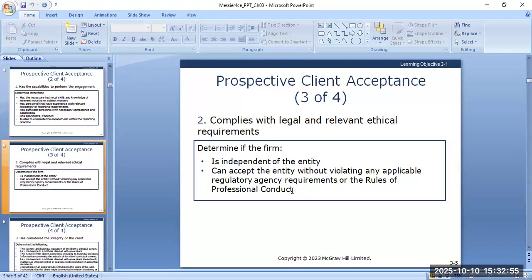Is there anything for which we can be held liable or responsible for breaching the requirements or rules of professional conduct? This is the second thing that we have to assess, and that's before we accept the client.